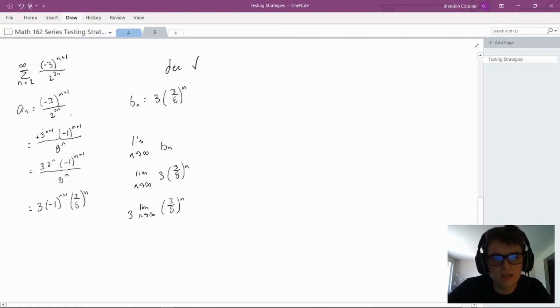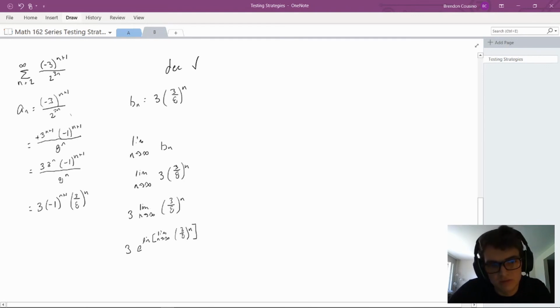I think I want to get this n out of the exponent, right? So I'm going to do my e to the ln trick that we have. So this is going to be 3 times e to the ln of the limit as n approaches infinity of (3/8)^n.